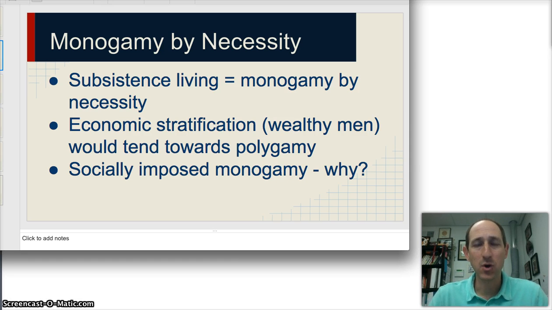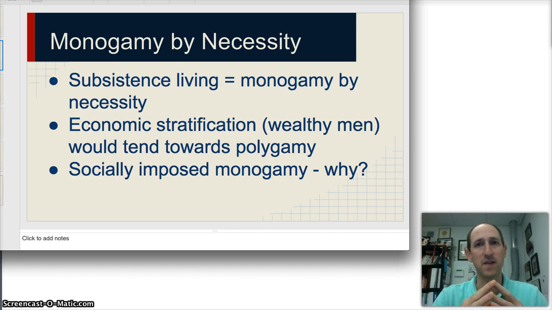So there was no way for one male to support more than one female and her family because he couldn't accumulate any resources or wealth. That's subsistence living, and that leads to monogamy by necessity.